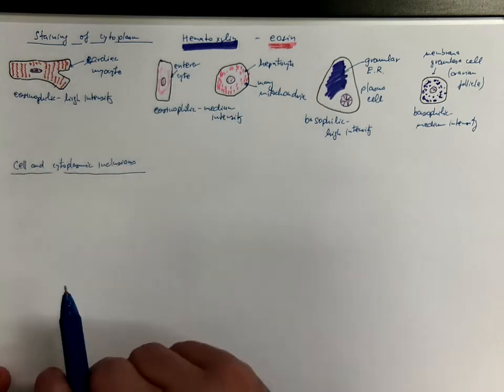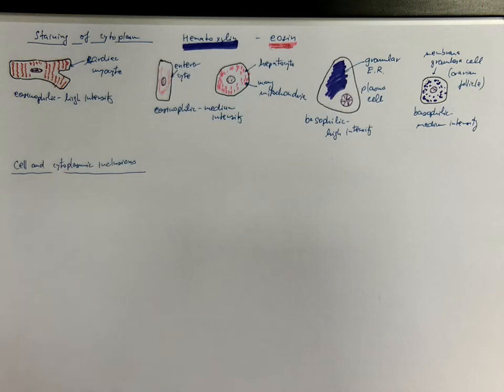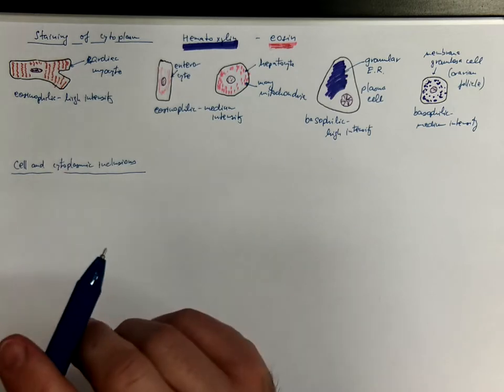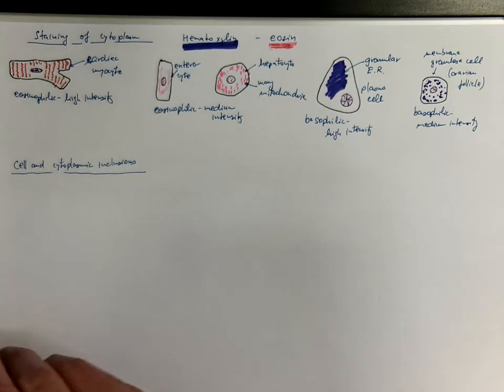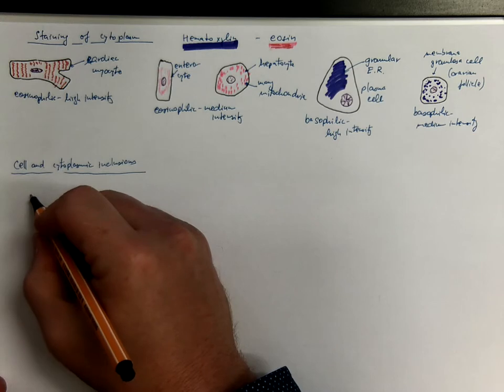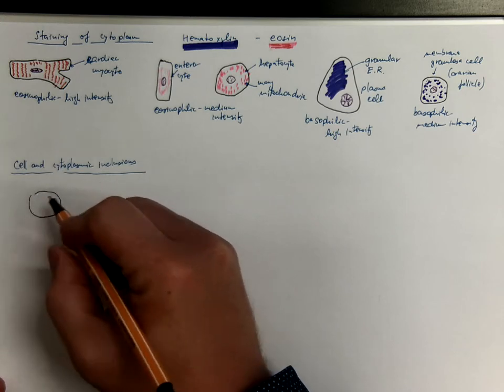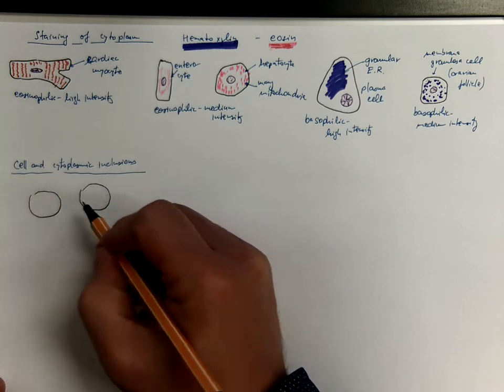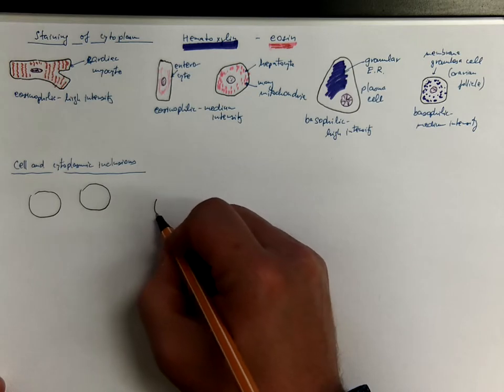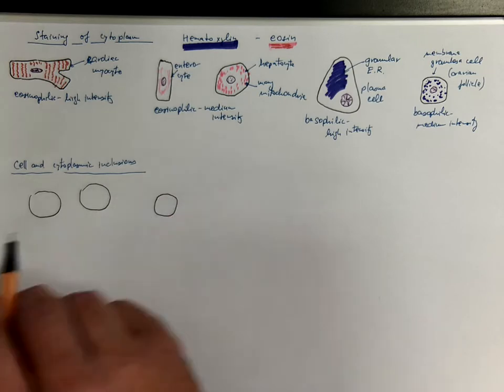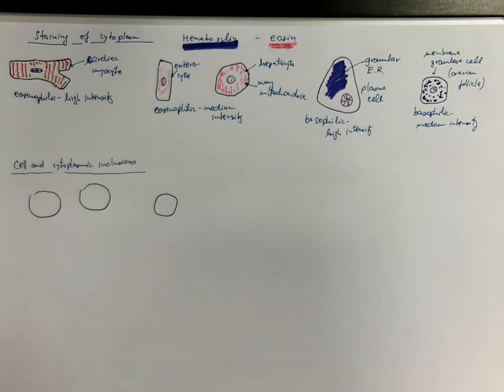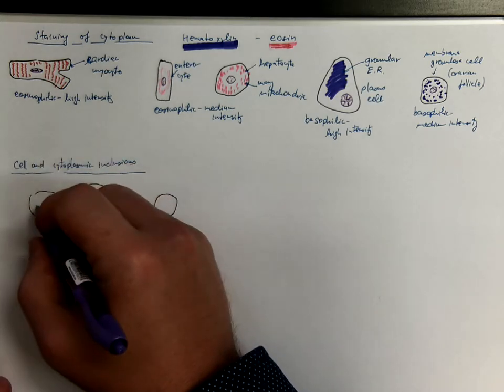They might also contribute to the staining of cells. I will start with lipid droplets. A good example for this would be fat cells.